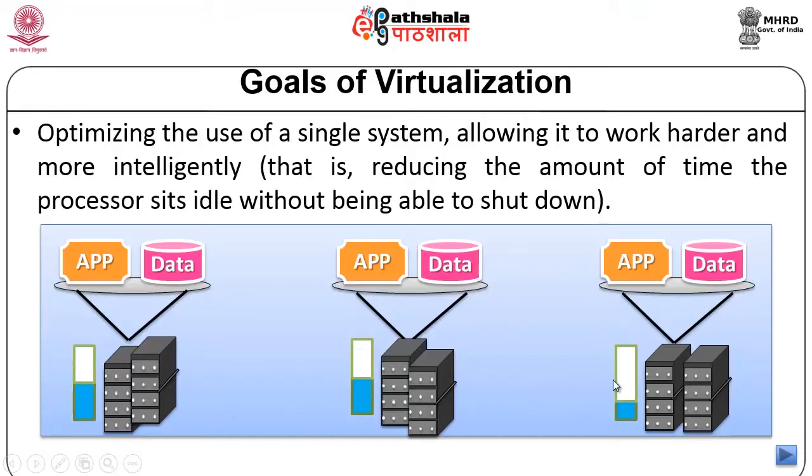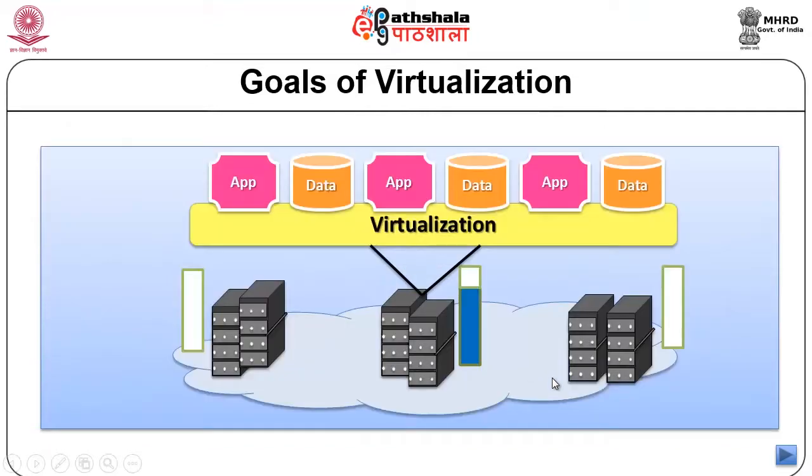Instead of running all these in different machines, if we look at the amount of usage, any one machine will be capable of running the whole data. So, that is what we have done in this. In a virtualized world, we can bring in all the applications and data together and put them on the virtualization layer, and now depending on the need, we can use any one of the machines, the other machines being free, therefore they can be shut down.